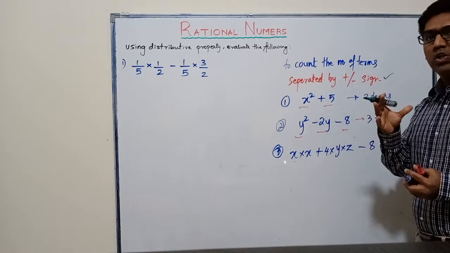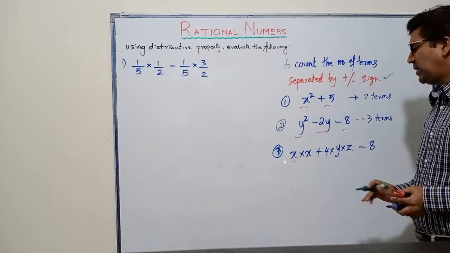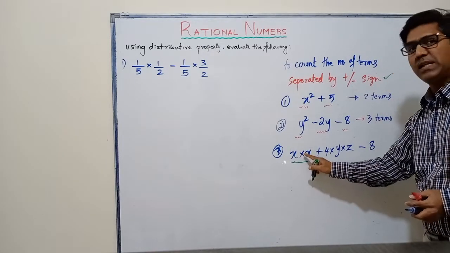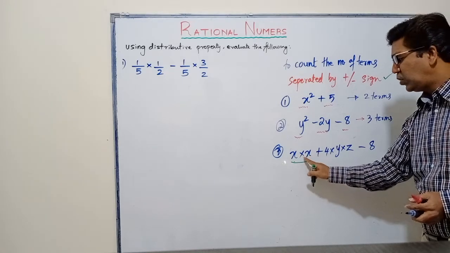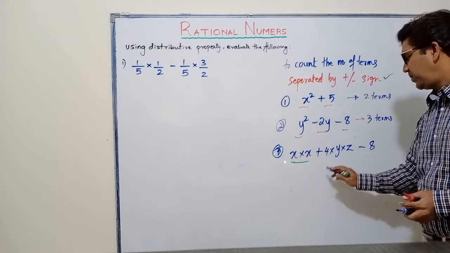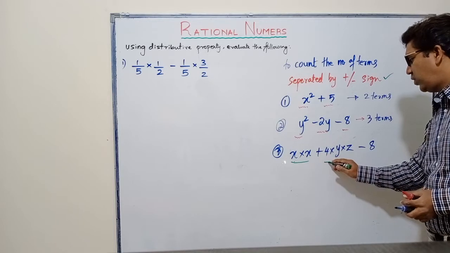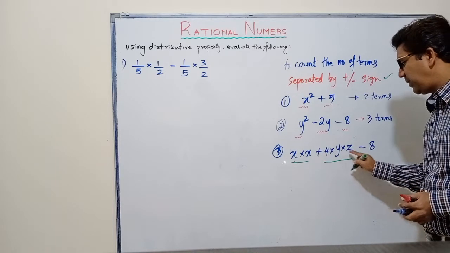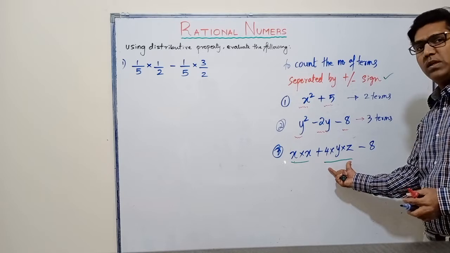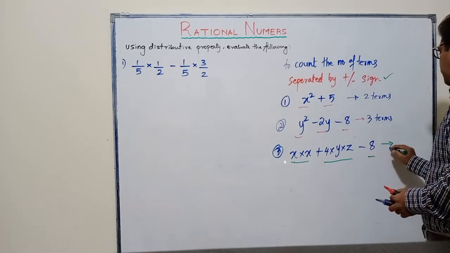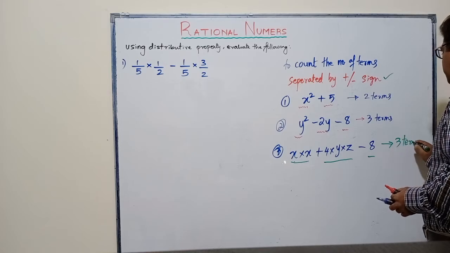When it is multiplication or division, it is still one and the same term. These two x's are my first term because there is no plus or minus sign here; the sign connecting the two x is a multiplication sign. Then a plus sign is there, and my second term starts: 4, y and z, all in multiplication. So these three together are my second term. And the last term is 8. So I have altogether three terms.